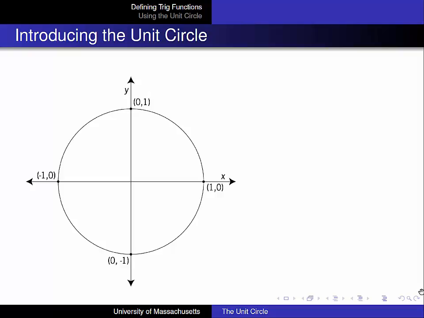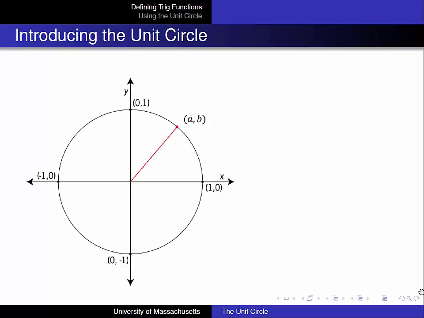Okay, so I'm going to start off by picking an arbitrary point AB on the circle. Now we have the radius from the origin to that point AB, and I'm going to define theta to be the angle from the positive x-axis to that radius. So if our point AB is in the second quadrant, then our angle theta is going to be greater than 90 degrees.